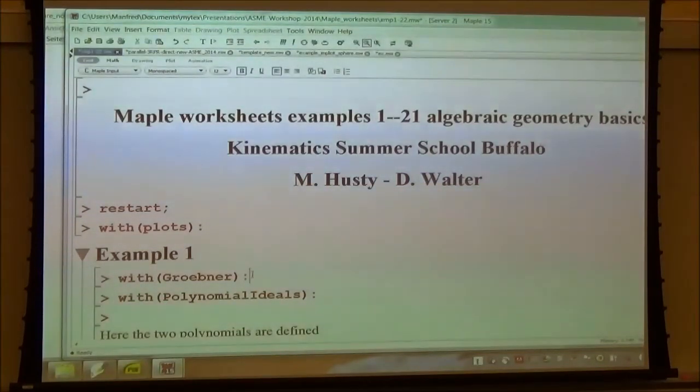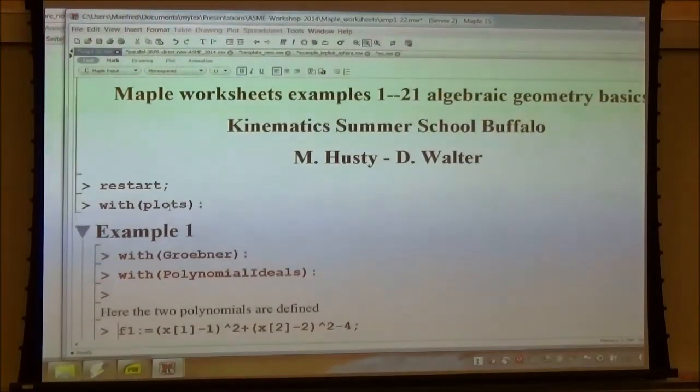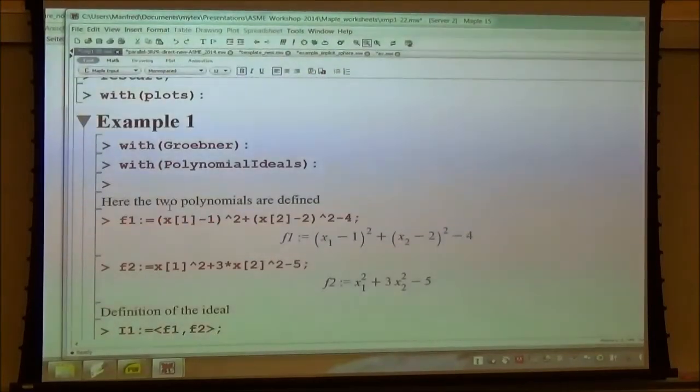We don't need it for the first example, but they are loaded anyway for the whole thing. Here we have two polynomials. You see I'm using x1 and x2 as coordinates. Maple does not write equations here, so this is a polynomial.